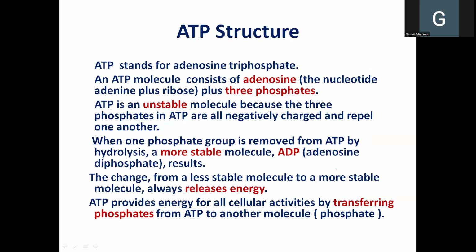So as we said before, ATP stands for adenosine triphosphate, and an adenosine triphosphate consists of adenosine and 3 phosphates. It's worth mentioning that ATP is an organic molecule because it contains carbon and hydrogen. Where are the carbon and hydrogen?